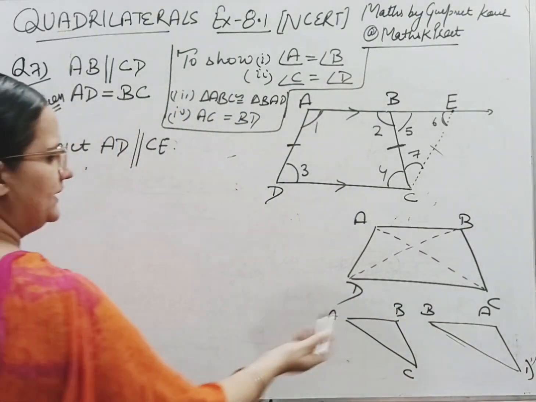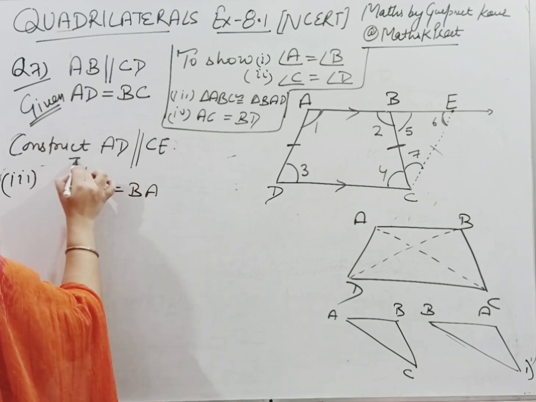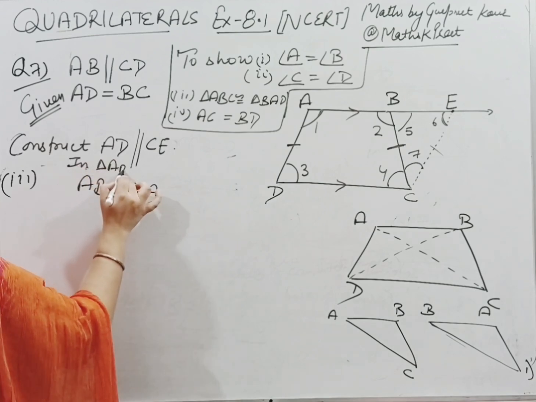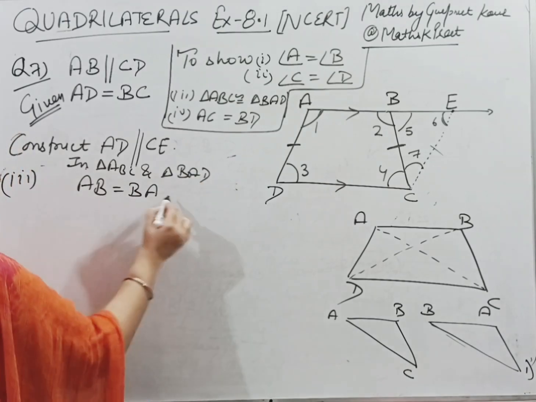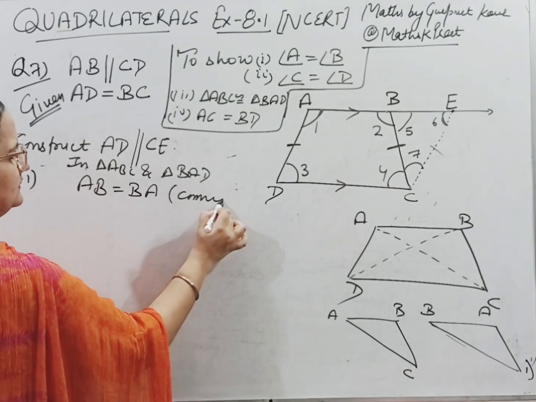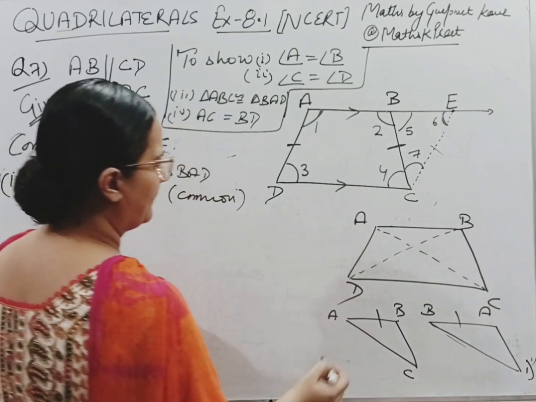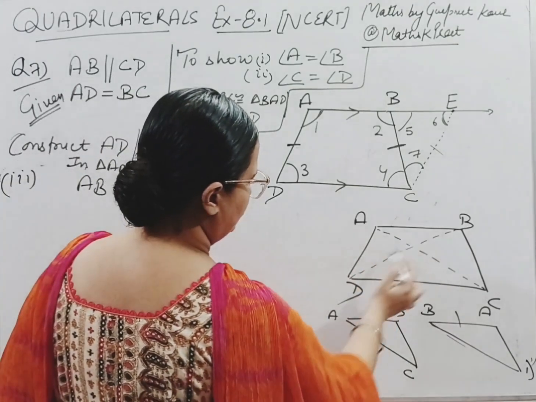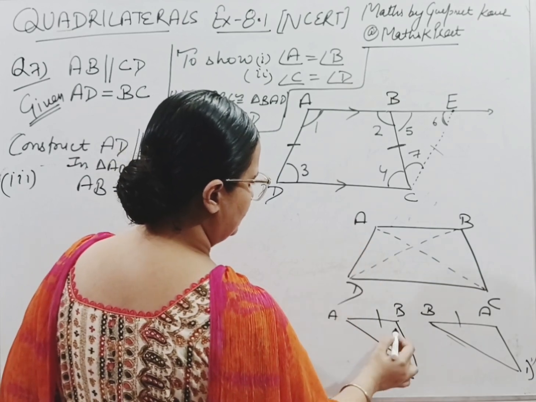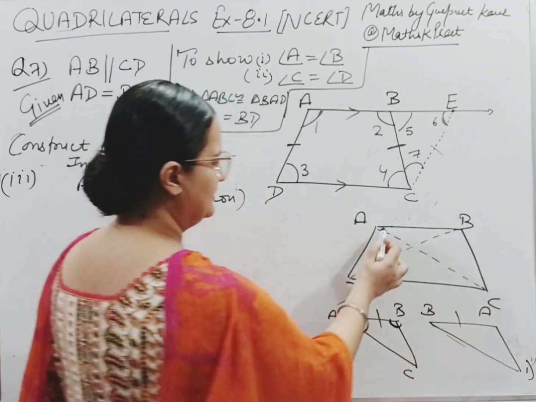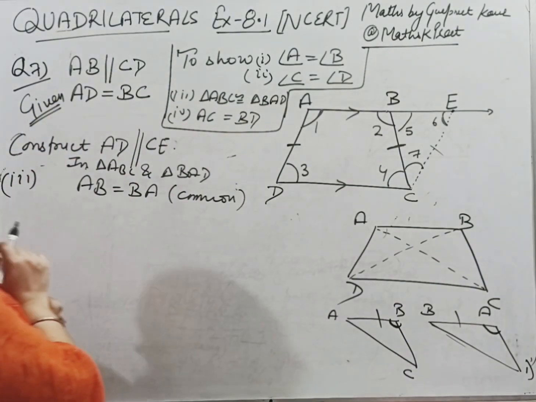So clearly AB is equal to BA in triangle ABC and triangle BAD. This is the common side. This is equal to this. What else? In this triangle and in this triangle, we proved in number 1 that angle 1 is equal to angle 2.